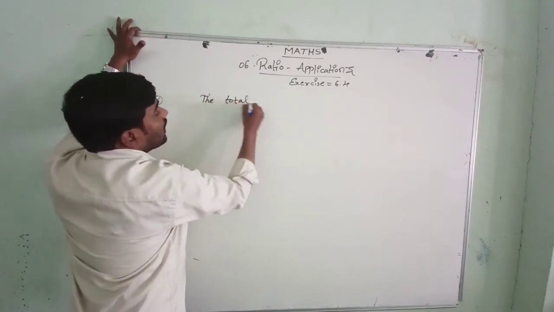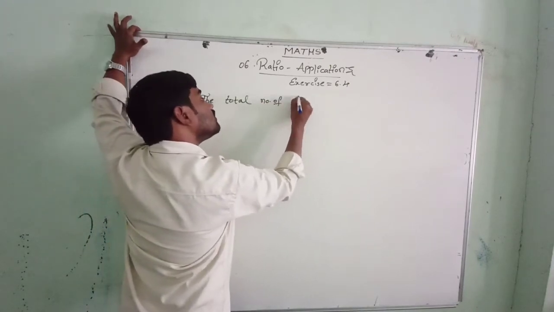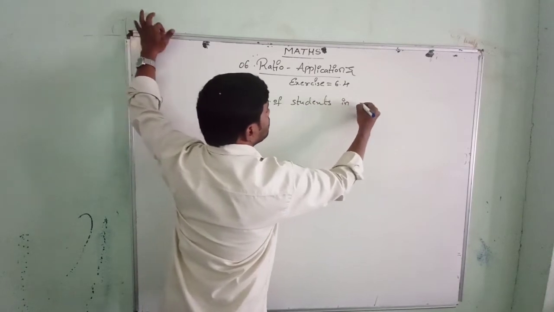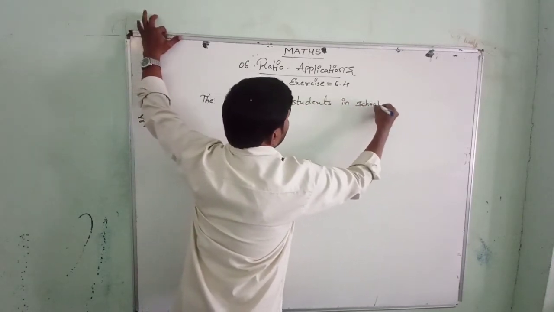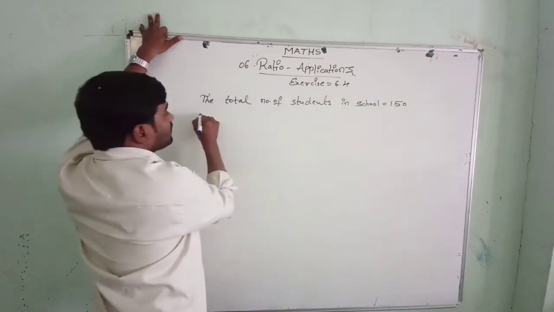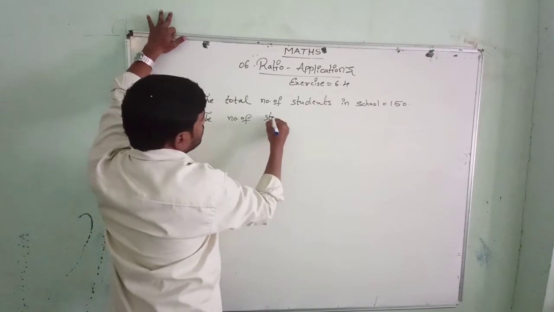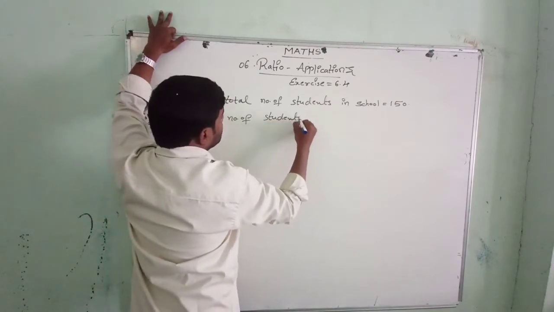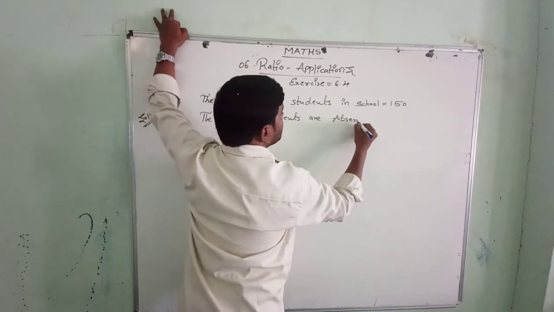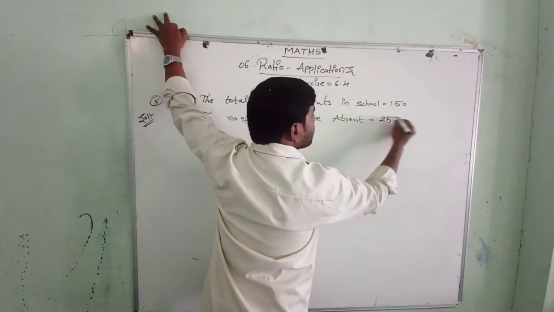First we will find how many students there are. The total number of students in the school is equal to 150. The number of students absent is equal to 25.